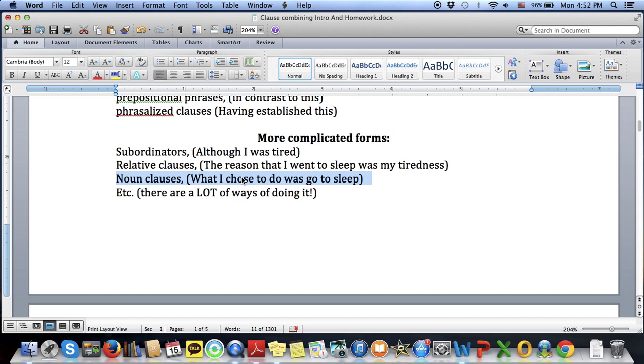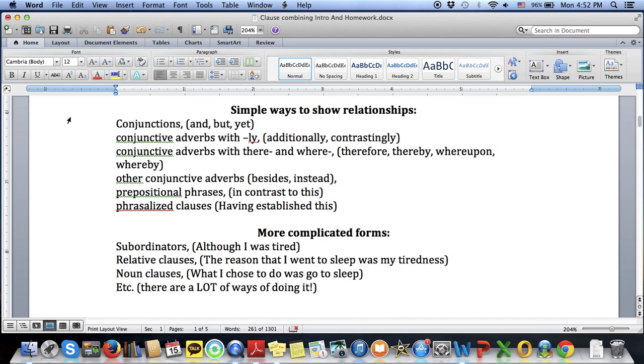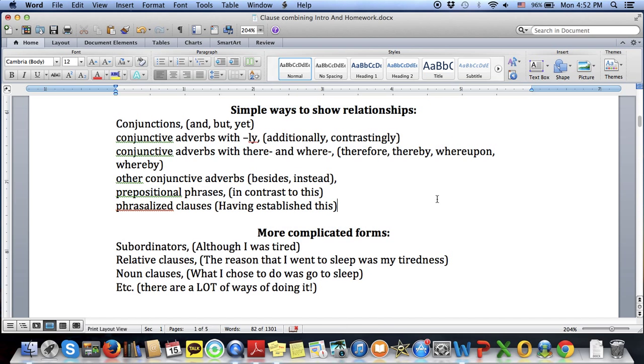Something like, what I chose to do was go to sleep. I won't go into all the details right now. I'll just say, etc. There are a lot of ways of doing it. We're not going to go through all the really complicated ways here right now. I just wanted to show you that there are many tools that we can use to express the relationship between ideas. So that's basically that right there.